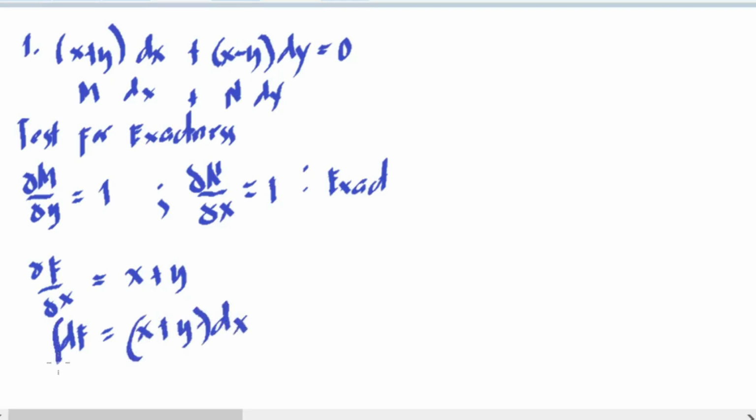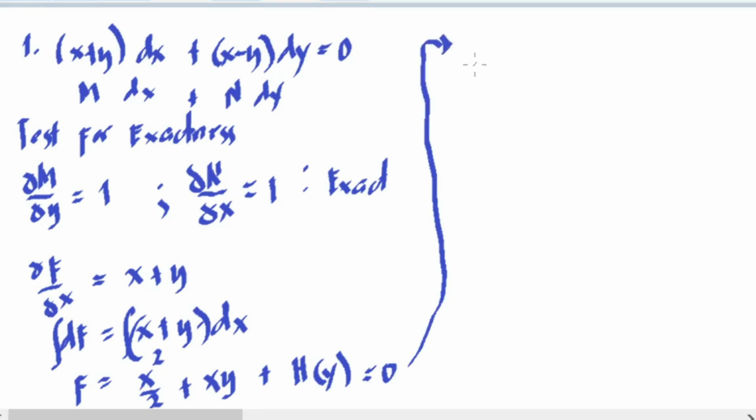We take the integral: f is equal to x squared over 2 plus xy, plus h of y, wherein f is equal to 0.